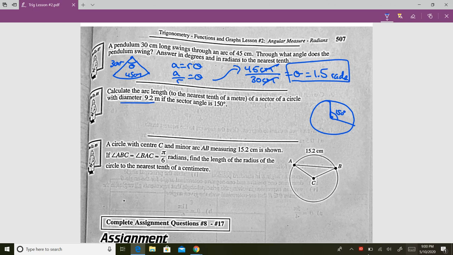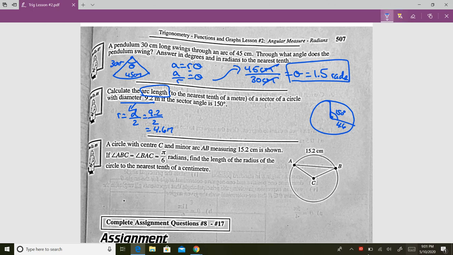It tells us the diameter of the circle is 9.2. The diameter is useless to us; we need the radius. The radius is equal to the diameter over 2. So 9.2 divided by 2 is going to be 4.6. So our radius is 4.6.